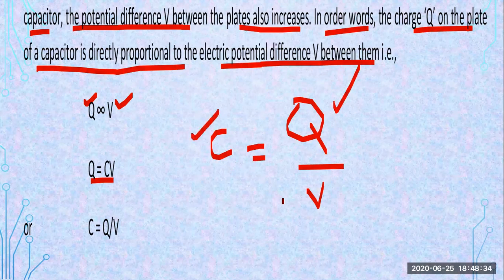So the unit of capacitance is farad. If it is 1 farad, how will you define it? It is 1 coulomb divided by 1 volt.